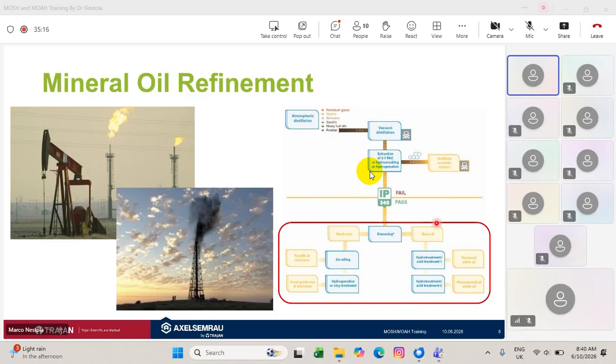So there are, of course, aromatic compounds inside, but they are considered today, even though it's not yet scientifically profoundly tested because there is not enough data, to be non-toxic. So the basic part of MOAH we are talking about is not the toxic 3 to 7 rings, so the PAHs, so to say, but the 1 and 2 rings that are still present after the refining steps. So that's only important to understand for you.